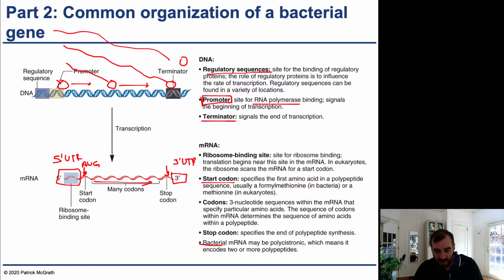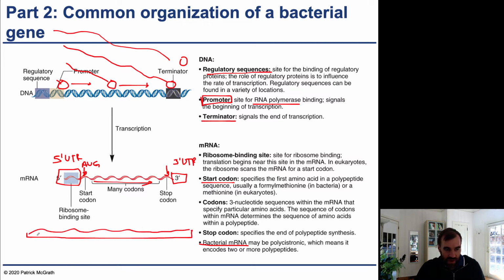One thing to talk about is that bacterial mRNA may be polycistronic, which means that it can encode two or more polypeptides in an operon. So you might have an mRNA molecule that is long, but it actually contains two different ribosome binding sites.